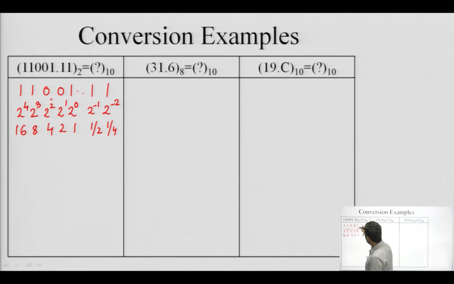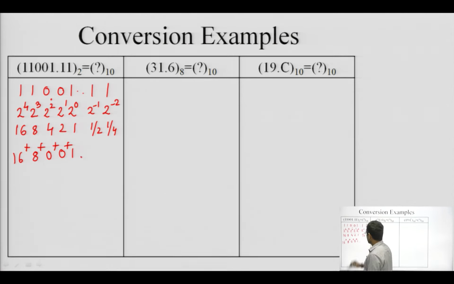So, 1 into 1 will be 1, 0 into 2 is 0, these are to be added, then this 0 into 4 again 0, this 1 into 8 will be 8 and then in the end 1 into 16 is your 16.